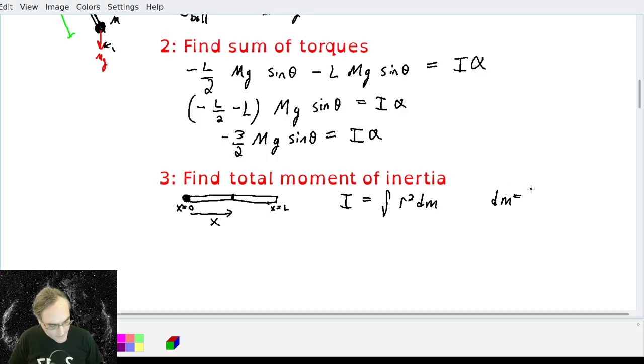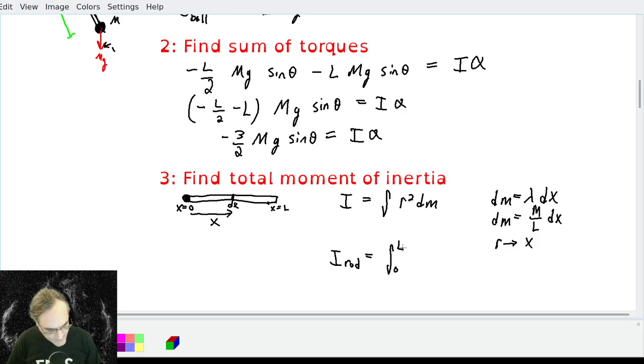dm is going to be the linear density times dx, the length of a small piece of this. So the density will be m over L, then we'll have the dx. R is being mapped to x here, so for the rod, we've got an integral from 0 to L of m over L with the x squared and the dx, which is pretty easy.